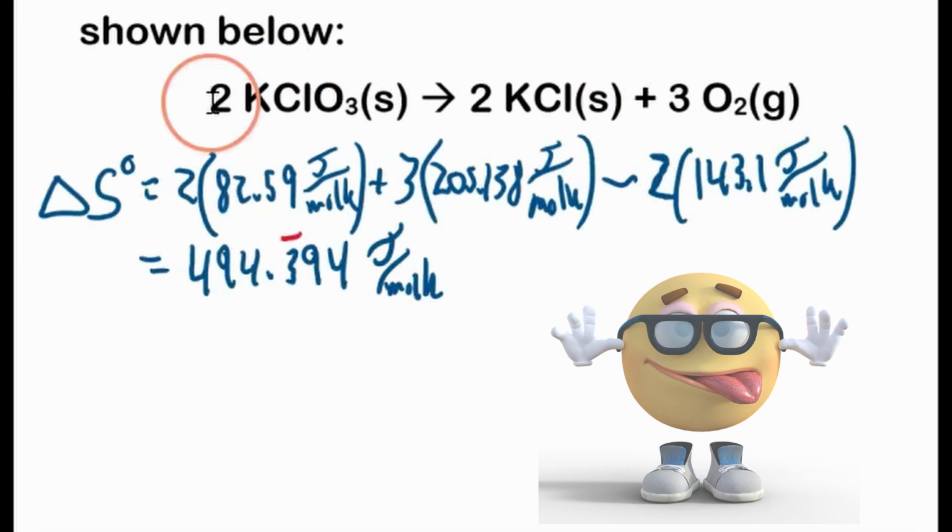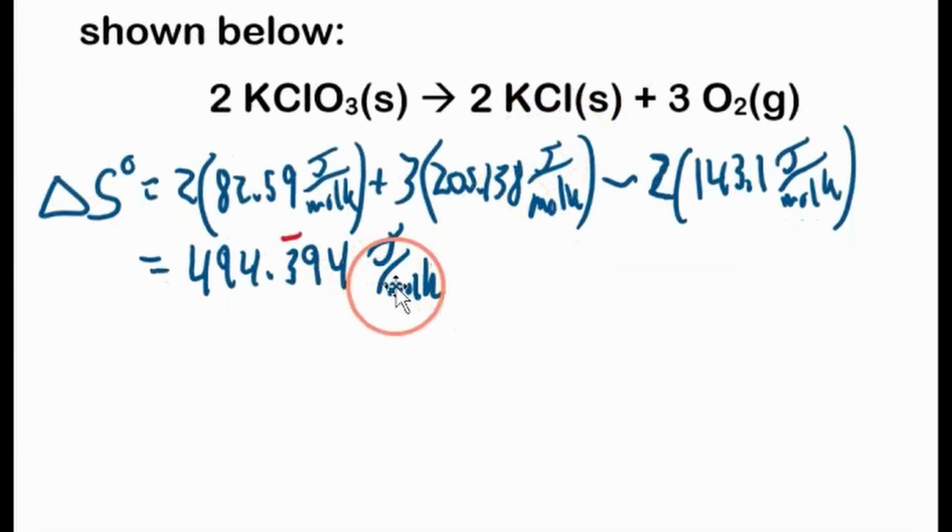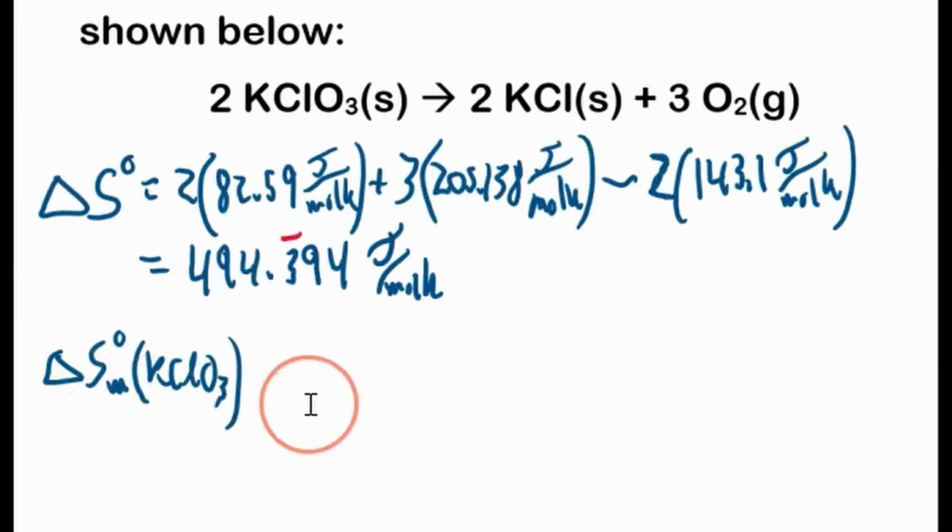We want to know how many there are for 3.14 moles of KClO3. So this is not moles of KClO3. This is moles of the reaction. So if we want the molar entropy change of KClO3, we've got to divide it by 2.